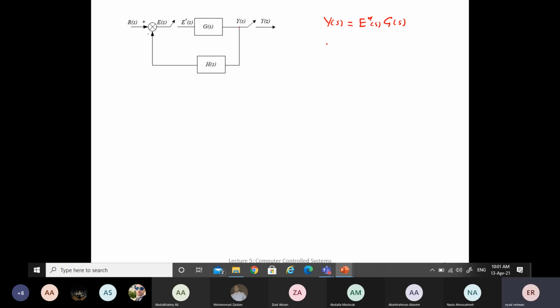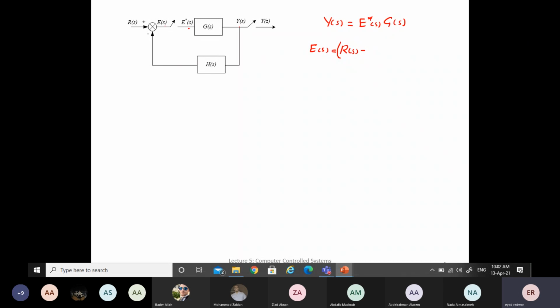Now, at the same time, E of s, this signal, is coming from Y of s through H. Y of s is E star G of s, subtracted from R of s. In other words, E of s is R of s minus what comes from here.